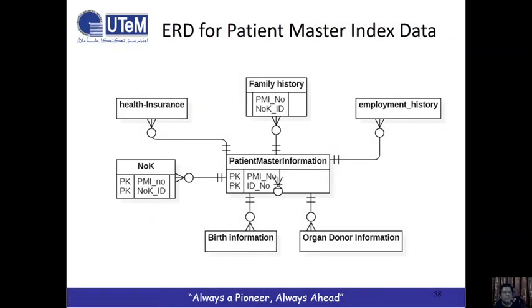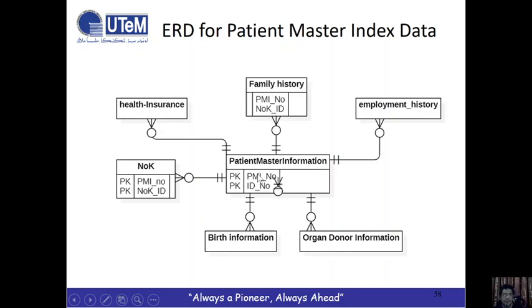Okay, this is the ERD, entity relationship diagram. So you expand your entity, for example, family history. So these are their attributes. This ERD is not 100% complete, but at least you start something.